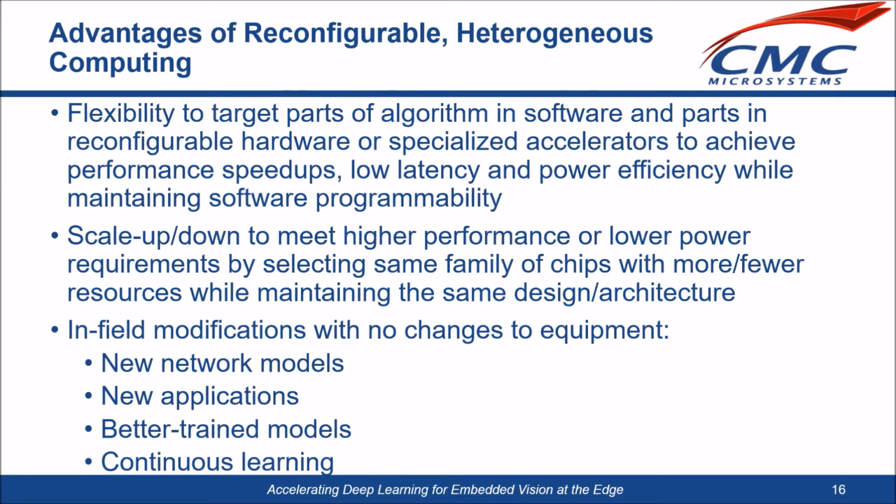FPGAs, particularly FPGAs with programmable hardware, allow for in-field modifications without changes to the existing equipment. This can allow the incorporation of new network models, new applications, better trained models, and also continuous learning where the model can be updated on the fly.